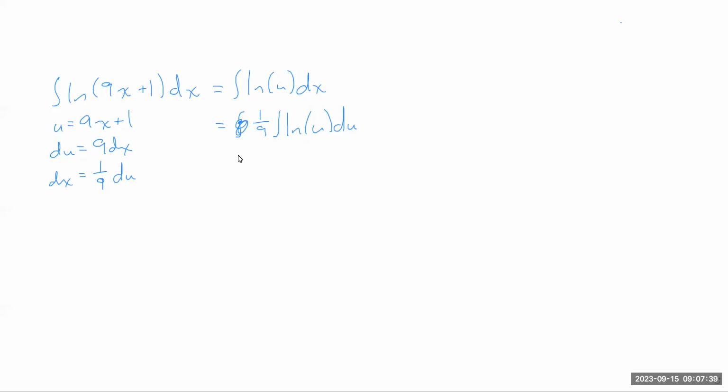So if I set up integration by parts, then I have to identify u and dv. What should I call u and dv? Use natural log of u. Why are we choosing u to be natural log? Maybe we should choose some different letters, huh?